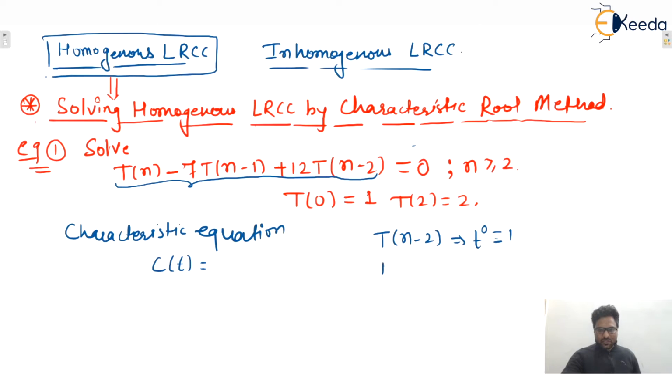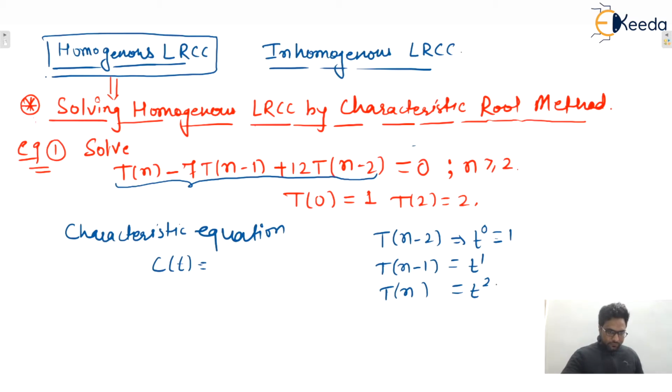Next highest is t of n minus 1. Replace that one with t power 1. And next one is highest, that is t square, and so on. Lowest with t power 0, next highest t power 1, next highest t square, next highest t cube, and so on. Yes, that is the procedure.